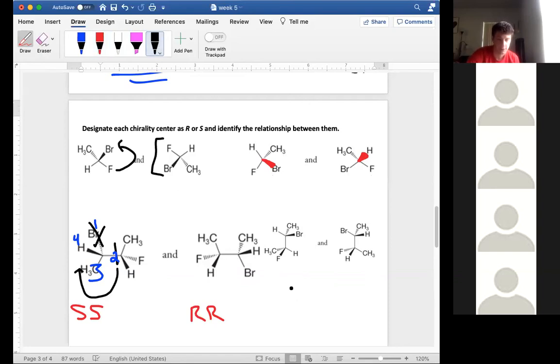If you're comparing, let's say, a molecule that has RS versus another molecule that has SSS, are all of the stereocenters in comparison changed? No. So what would it be? Diastereomer, right?